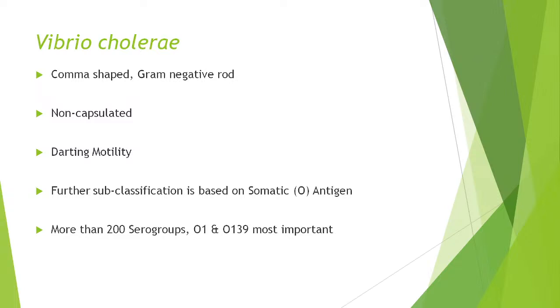We will see there are more than 200 serogroups, from O1 to O200, and even more now, as they keep coming up, but the two most common are O1 and O139. The other ones we call non-O1, non-O139.